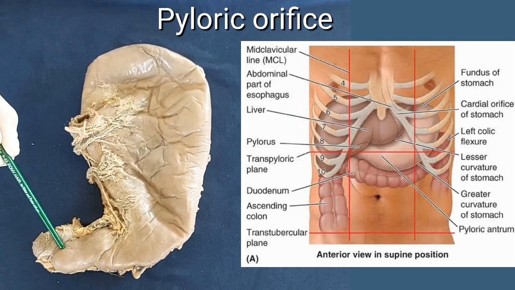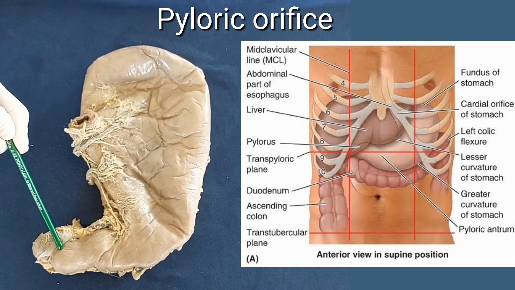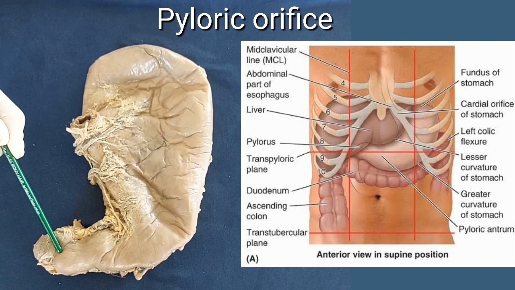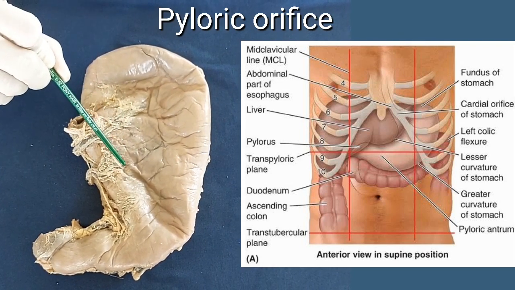It is situated about 1.25 centimeter to the right of the median plane at the level of the lower border of L1 in supine position, and the stomach should be empty.